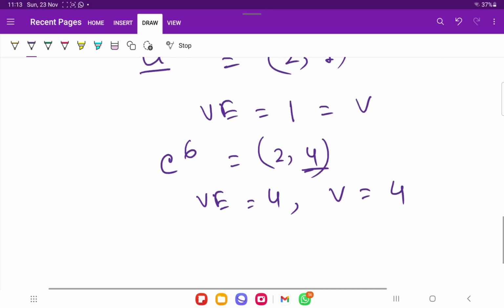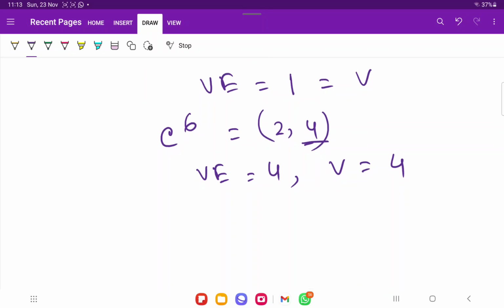If it is 5, 6 or 7, then the valence electron and valency will be different. Let's say for another example, sodium has a total of 11 electrons, so the configuration will be 2, 8 and 1.